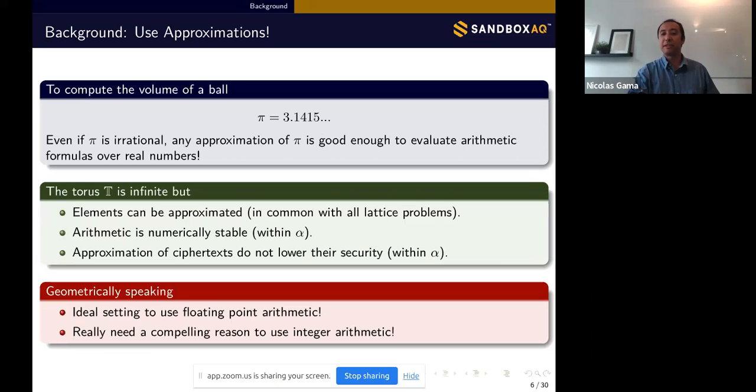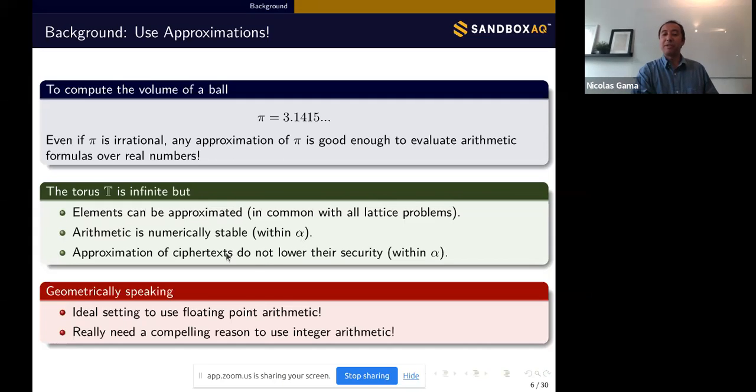So in the torus, it's exactly the same. Even if the torus is continuous and infinite, we have to remember that at all times, elements can be approximated. That's something in common with all lattice problems in general. And everything is numerically stable. Once I use an approximation that is within the noise, all the formulas that I apply will lead to the same decryption in the end.